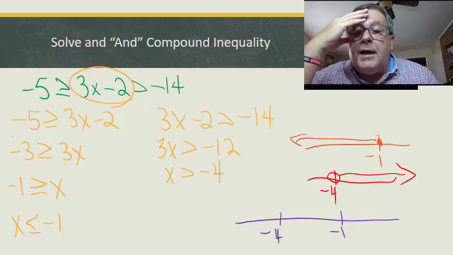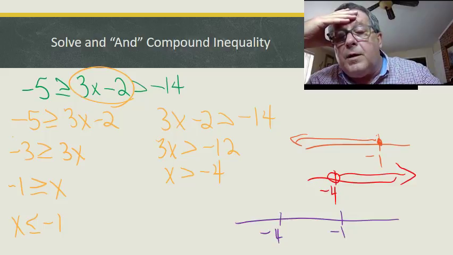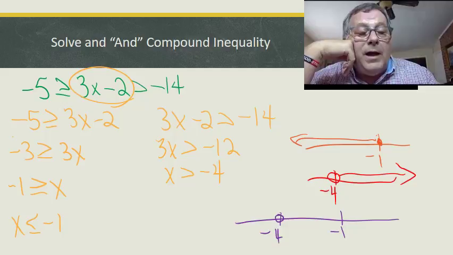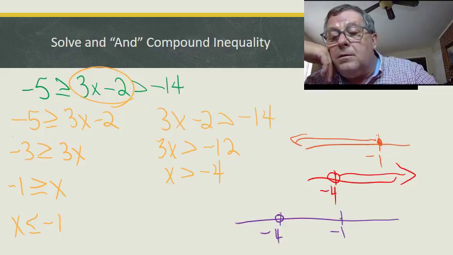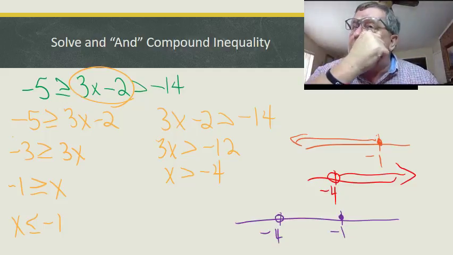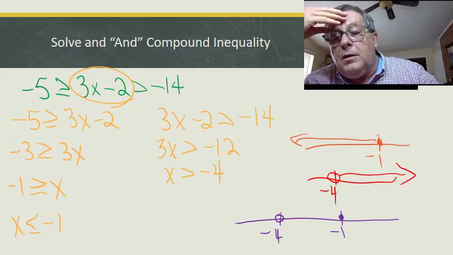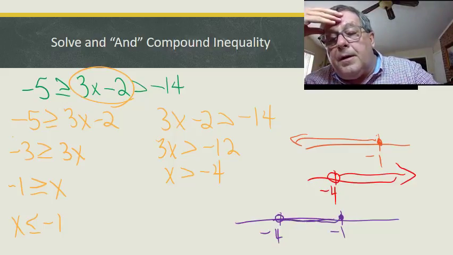All right, and so the -4 is where x is greater than -4, and that's going to be characterized by an open dot. And the -1, we got x is less than or equal to -1. Well, that's going to be a closed dot. And it's an and statement, so I'm looking at the intersection. What would make both of those true? And it's going to be right here.